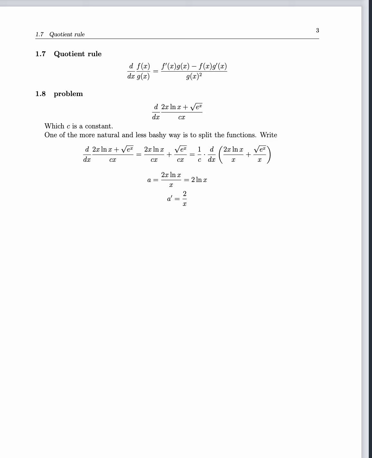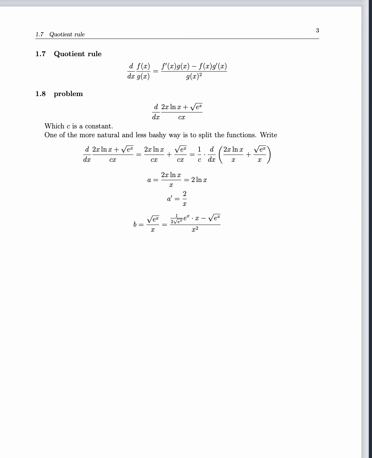So the quotient rule tells us that we're going to have the derivative of square root of e to the x, which is equal to 1 over 2 square root of e to the x times e to the x, then minus the entire thing, divided by x squared.